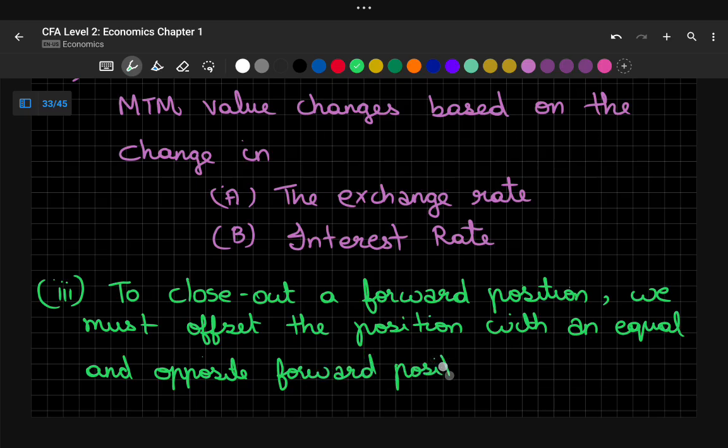Don't worry, we would be explaining this concept in the next part. After writing this down, I would be explaining the concept with the help of an example. Offset with an equal and opposite forward position using the available.